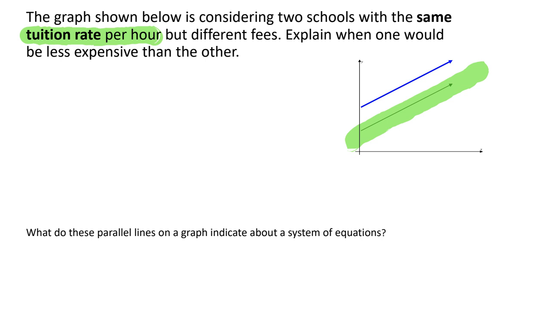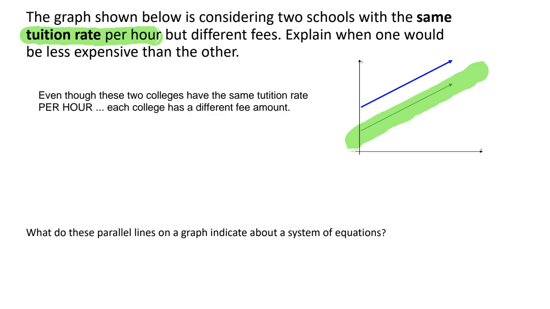Okay? They have to have different fee amounts. They have the same rate, but what does this mean without the story? Parallel lines have the same slope, but different y-intercepts. This is what they want you to take away from.